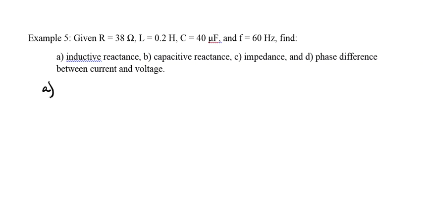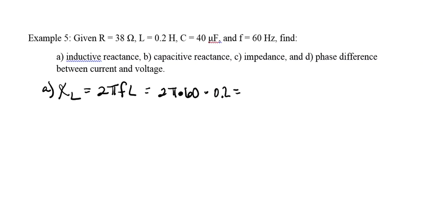So inductive reactance is XL. And in the beginning we talked about XL was 2 pi FL. You can go back and refer to the beginning of the notes. So 2 times pi, F is our frequency, which is 60, times our L, which is 0.2 henries.